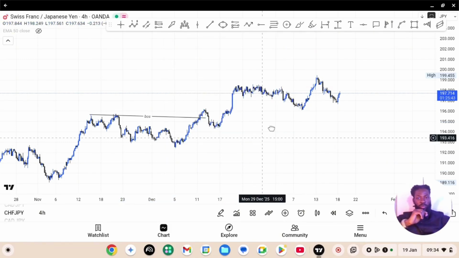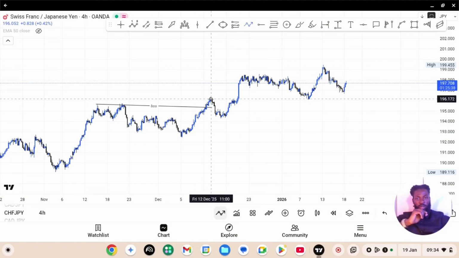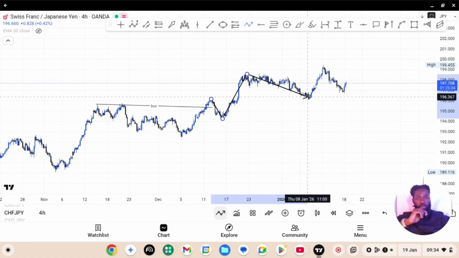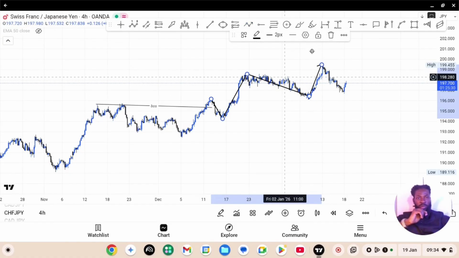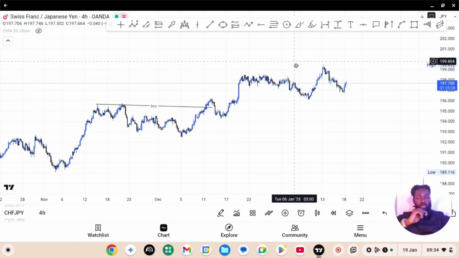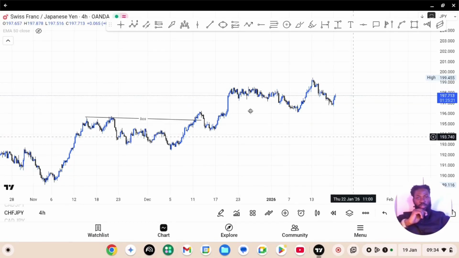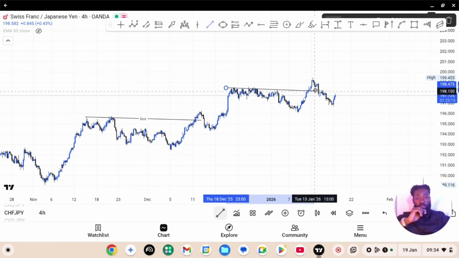Here is where we have our break of structure. We also have this higher high, series of higher lows, higher high, higher low, higher high. What is important now is for us to mark up the latest higher low and higher high on the 4 hours time frame. We have the break of structure here, indicating to us that it is a clear uptrend.